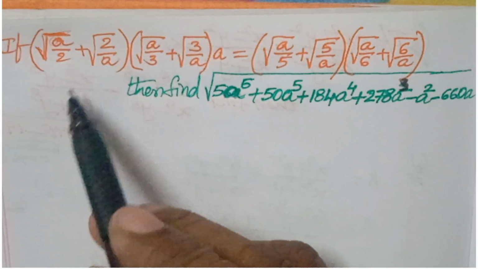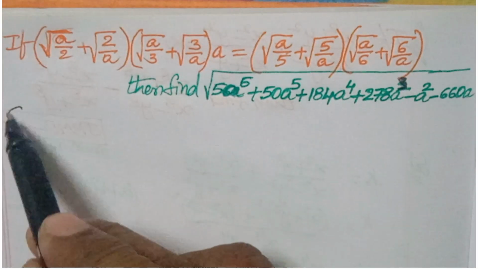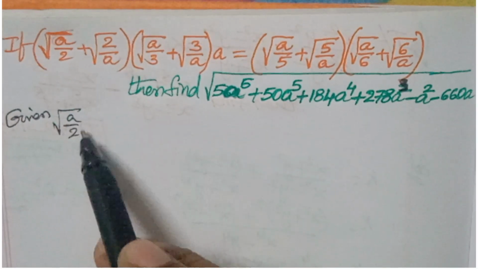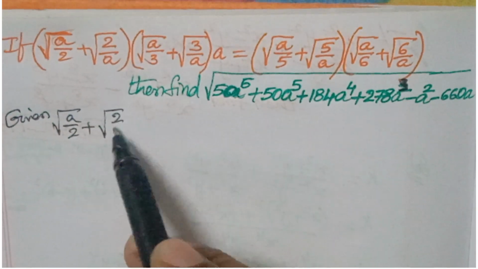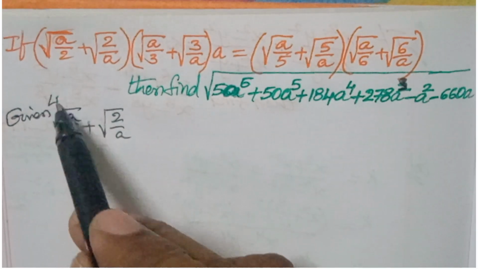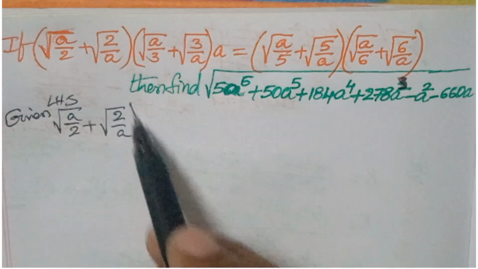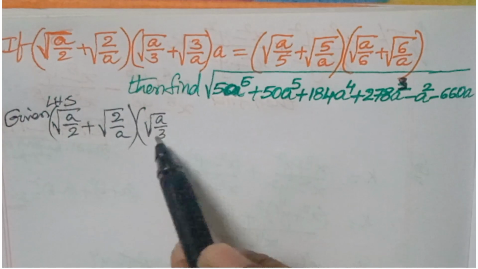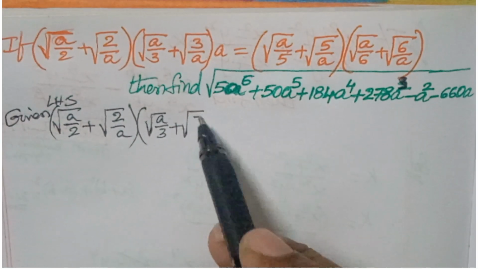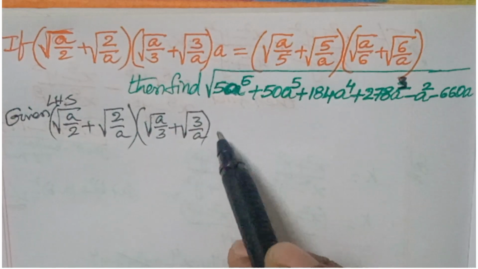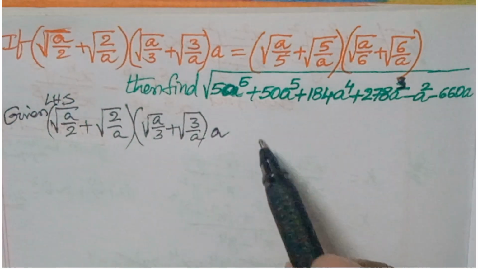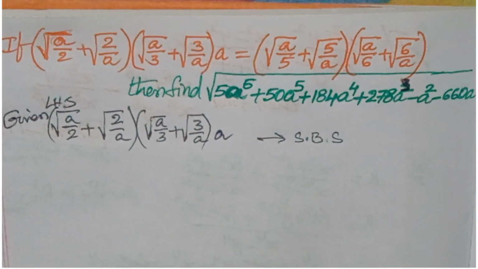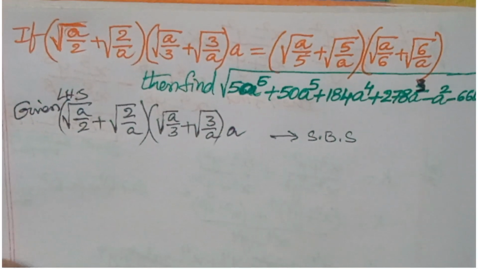First we take the given LHS, (√(a/2) + √(2/a)) times (√(a/3) + √(3/a)) into a. Here I will do squaring on both sides.